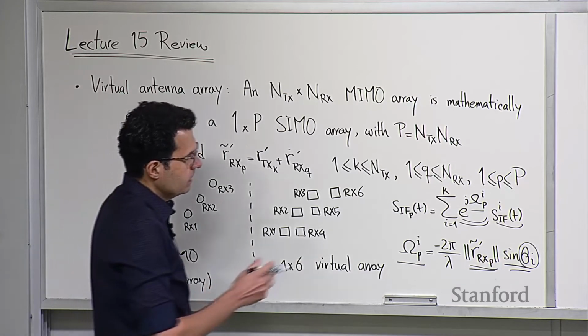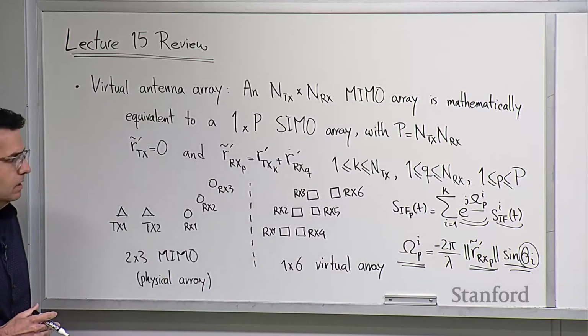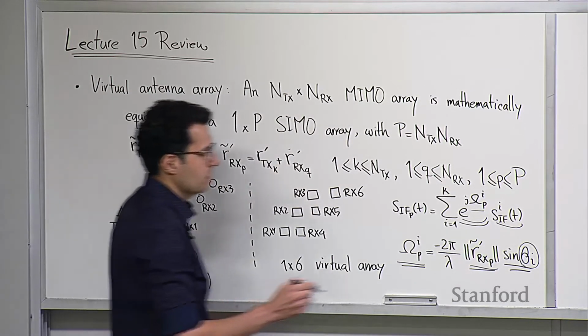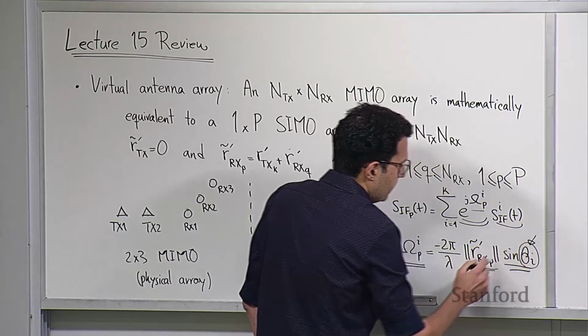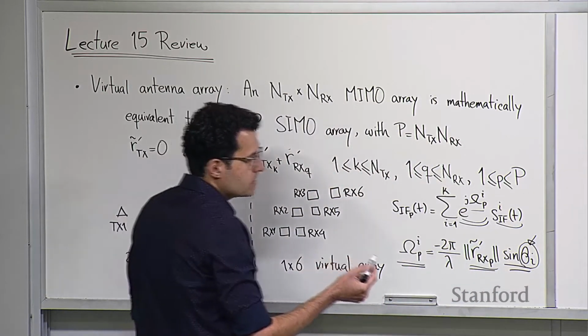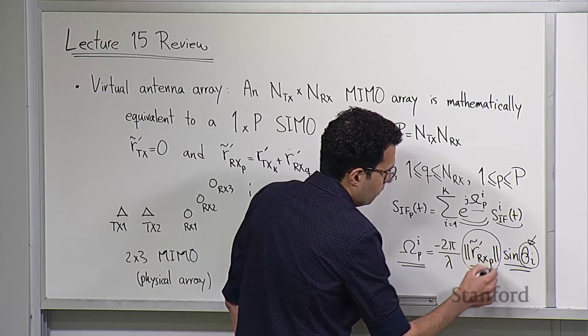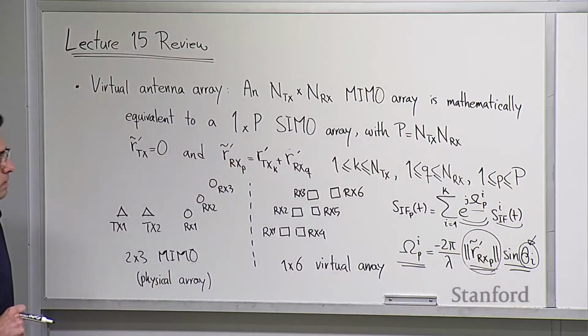So if you want to develop DSP algorithms that estimate theta I for DOA, your algorithm needs to know what this term is, what the norm of the position of the antenna elements are, right? So the geometry basically matters.